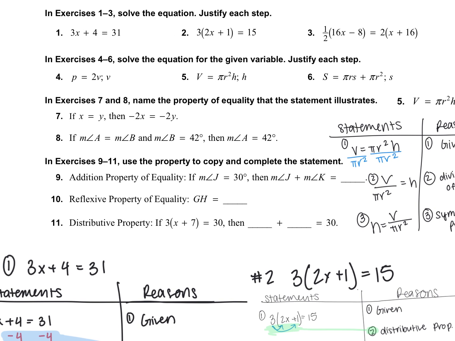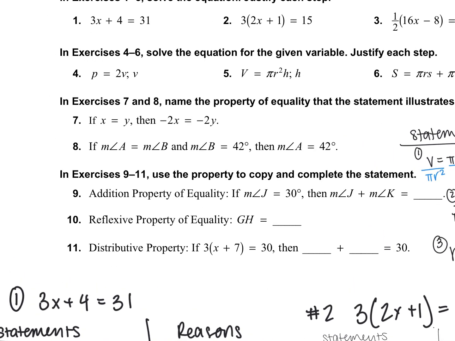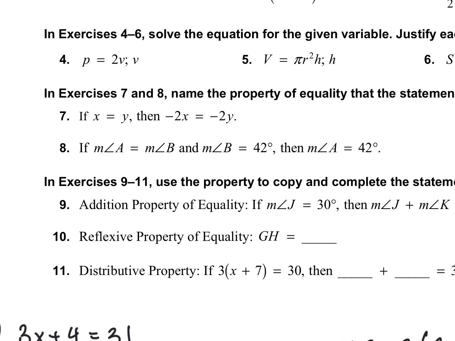So it says, looking at number 7, if x equals y, then negative 2x equals negative 2y. What property would this be? What property would number 7 be? Not substitution. I'm not plugging something in.